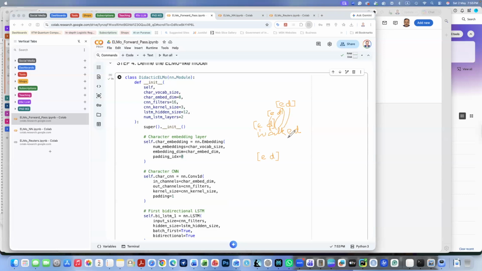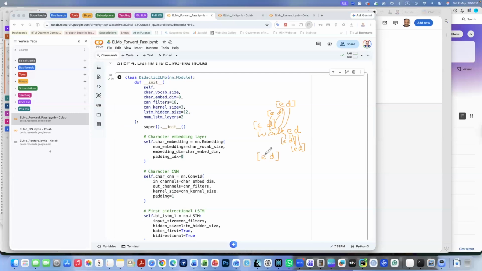Then I move the filter forward again and convolve with this and this. Again I find that it is not matching. Lastly, I put the filter here, and when I convolve with this, the signal says that ED is present. So what does this convolution give me?